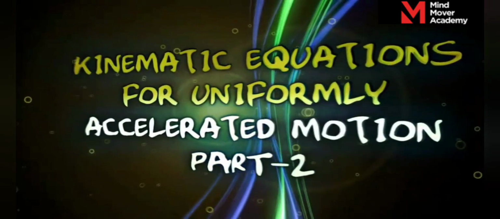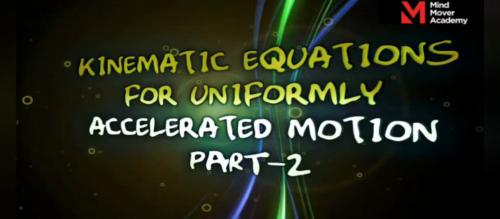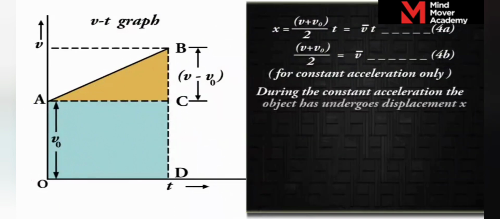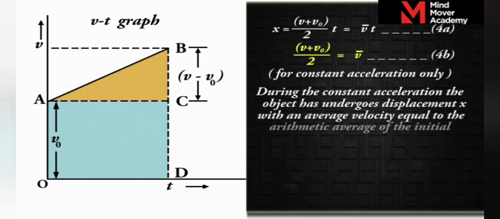Kinematic equations for uniformly accelerated motion. Part 2. The previous equation means that during the constant acceleration, the object has undergone displacement x with an average velocity equal to the arithmetic average of the initial and final velocities.